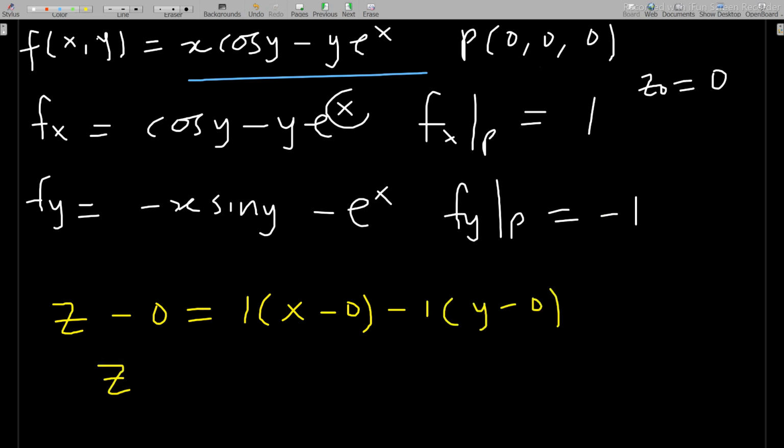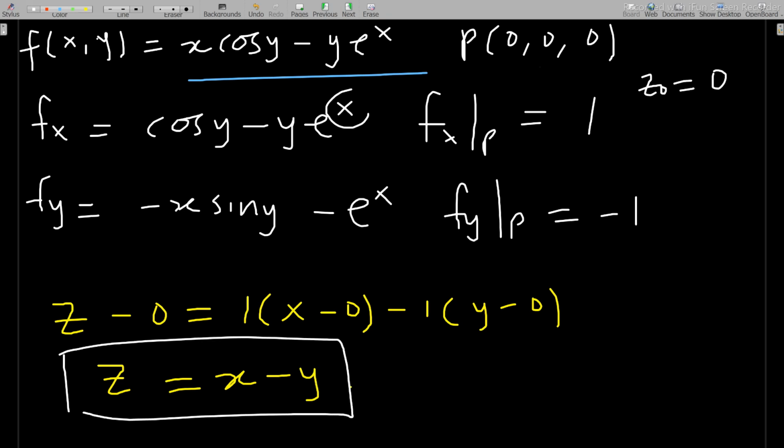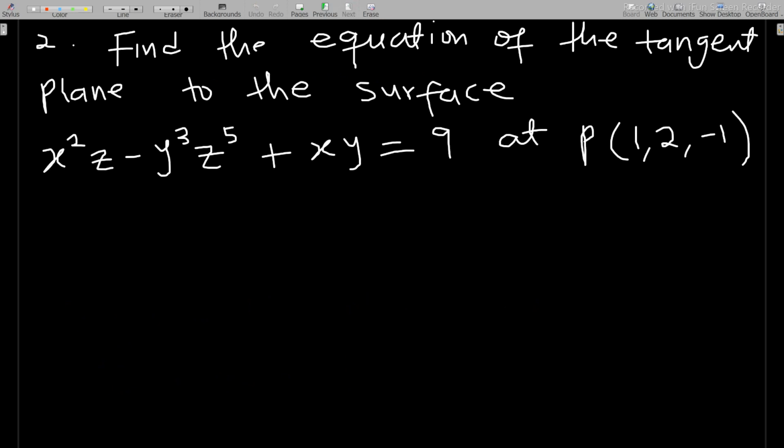In simple terms, we have z equals x minus y. So this is the tangent plane to the surface. It's like a linearized form of this. We'll talk about linearization very soon, don't worry.